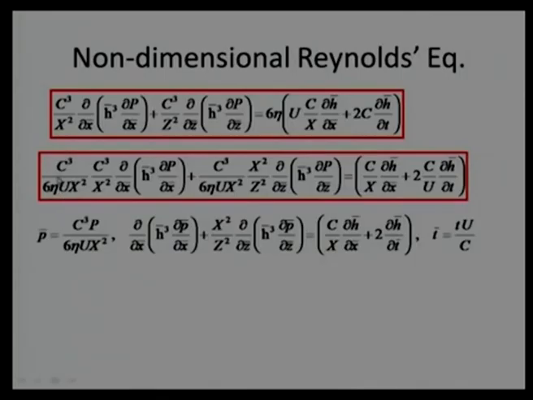Overall this expression will be 1 divided by pressure unit, Pascal, which means if we multiply this whole c cube into p divided by 6 eta u capital X square, it will turn out to be the non-dimensional pressure term.